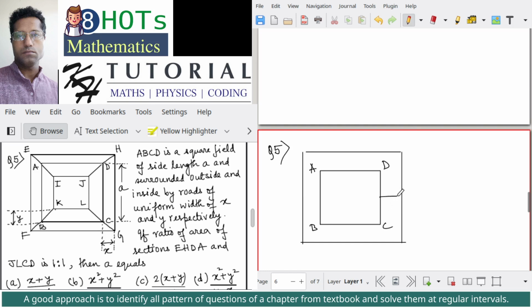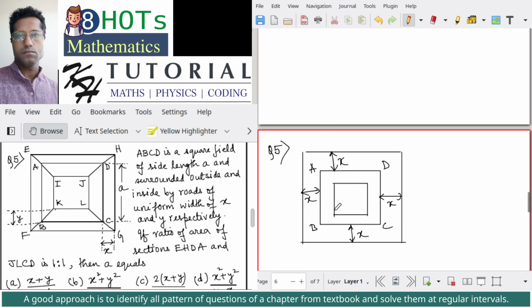So all these are X. The width of the road surrounding the field outside is X. And there is a road inside of uniform width Y. So let's say this is the road inside, this.